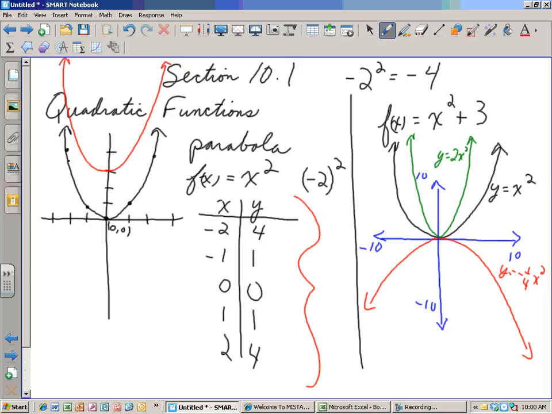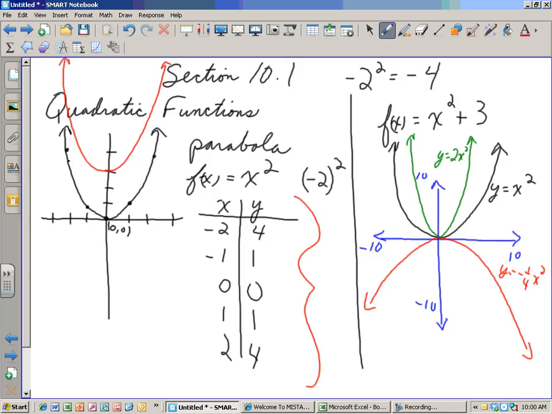Now why are you getting two different numbers for y? We have different equations. For the first equation, y equals x squared, you have -2, 4; -1, 1; 0, 0, and so on. The second equation I had in my calculator was y equals -1/4 x squared.